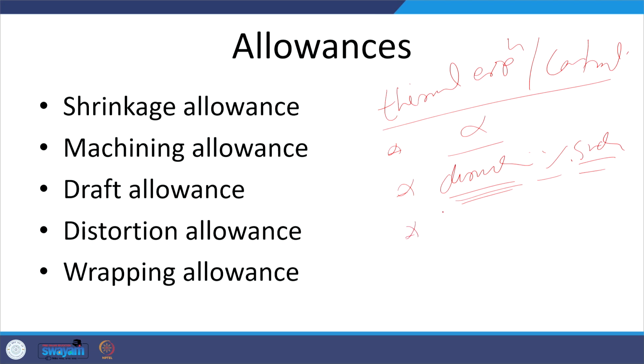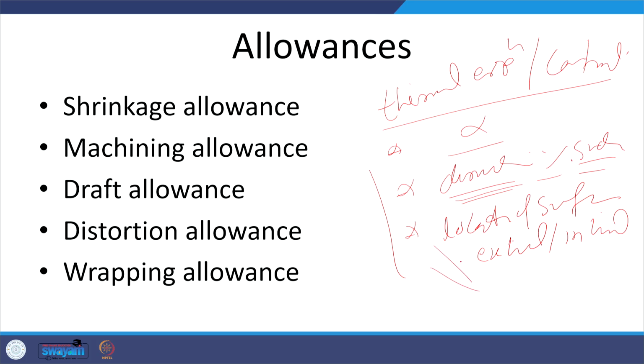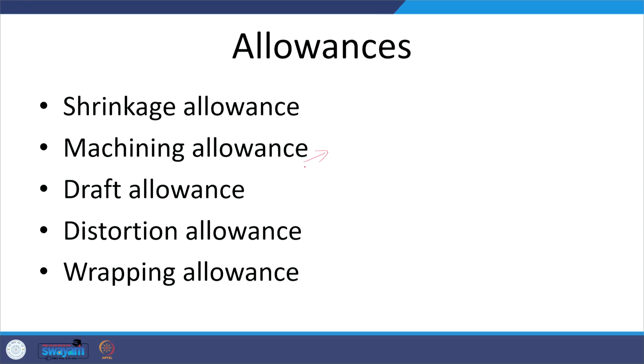And the third is the location of the surface, whether it is external or internal. These are the various factors that affect the shrinkage allowance.